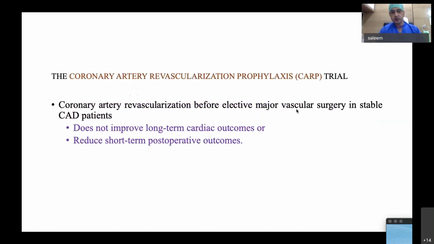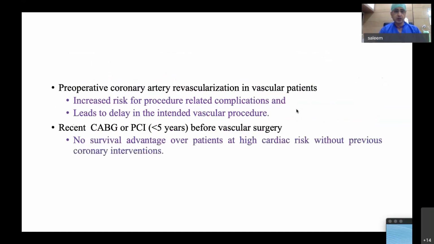According to the coronary artery revascularization prophylaxis trial, coronary artery revascularization before elective major vascular surgery in patients with stable coronary artery disease does not improve long-term cardiac outcomes, nor does it reduce any short-term postoperative outcomes.